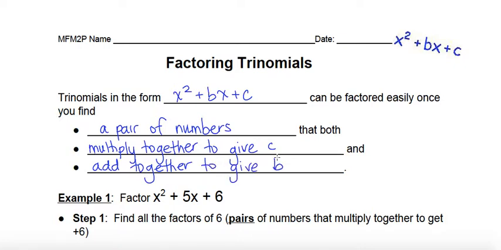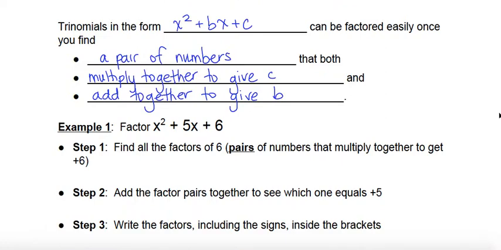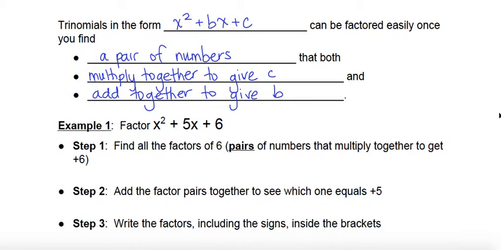So it truly is something that really stretches your brain and forces you to remember those mental math strategies and those multiplication skills. So we want to think about, for example, x squared plus 5x plus 6, by finding all of the factors that multiply to give us 6. So remember, the factors of 6 are pairs of numbers that multiply together.